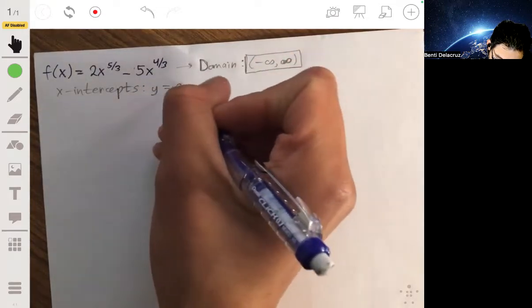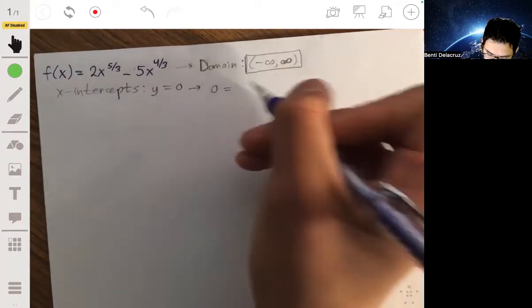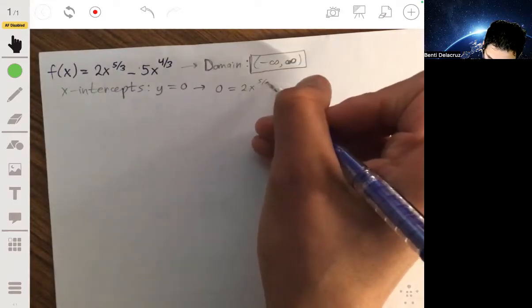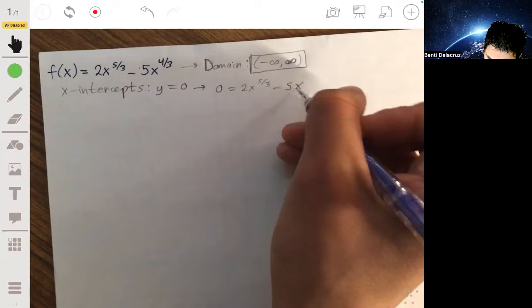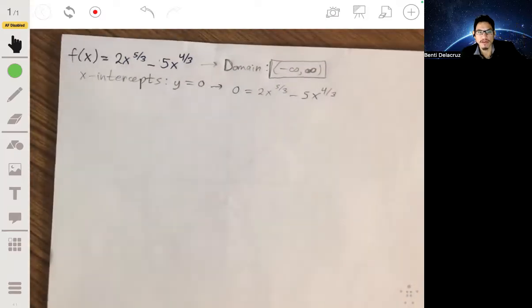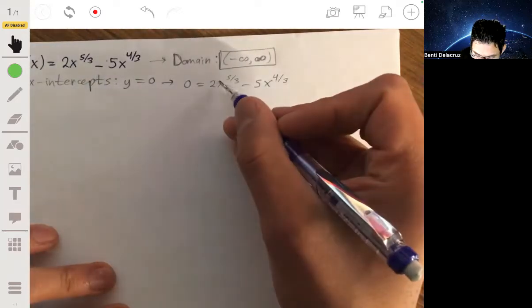y equals 0. So when is this equation equal to 0? All right, so going back to your algebra lessons, you've got to factor.